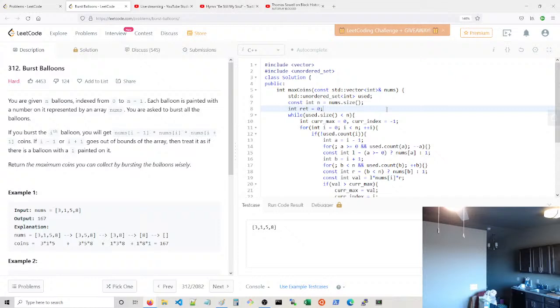Now, what's interesting is that maybe you could do that. Maybe you could start with, okay, if you had one balloon left, what would the number be? And then from there, let's say there's two balloons left, what would your current largest value be from right to left, or from back to front?